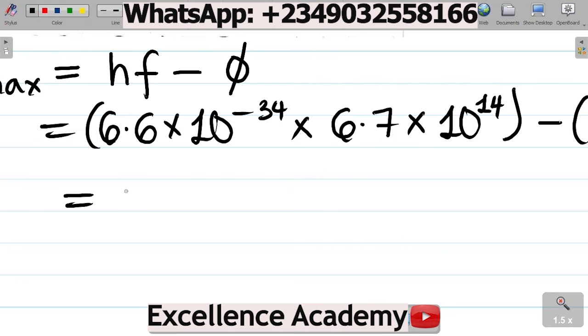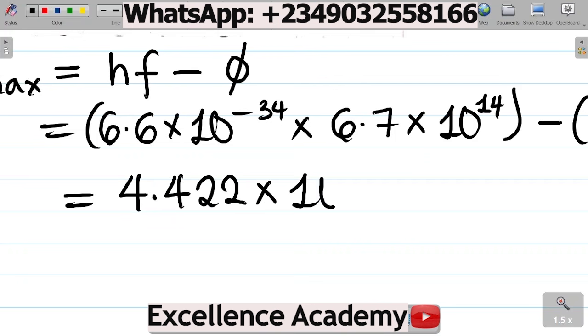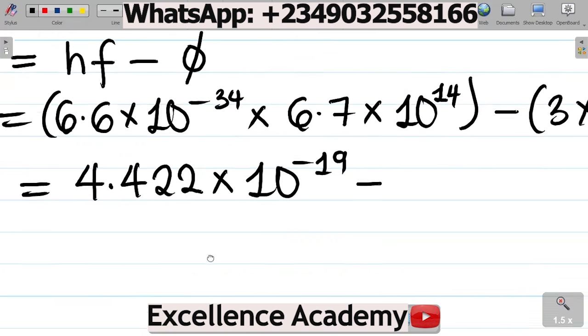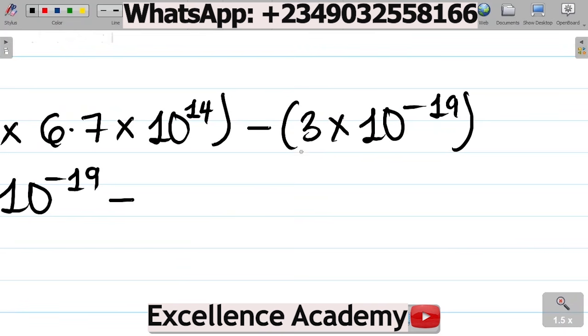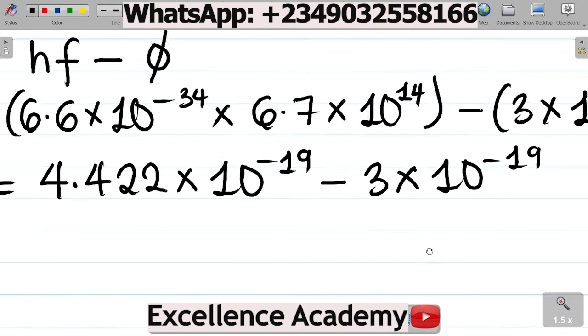So this will give you about 4.422 times 10 to the power minus 19. This minus 3 times 10 to the power minus 19.